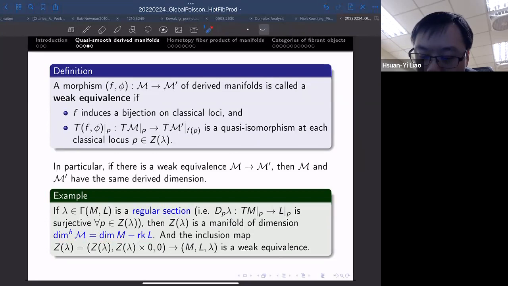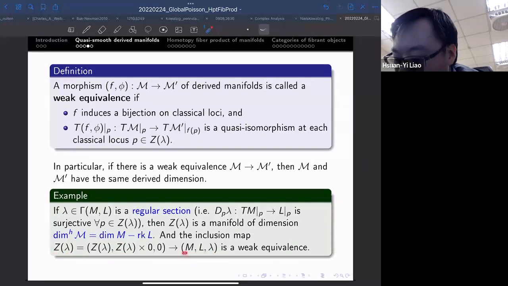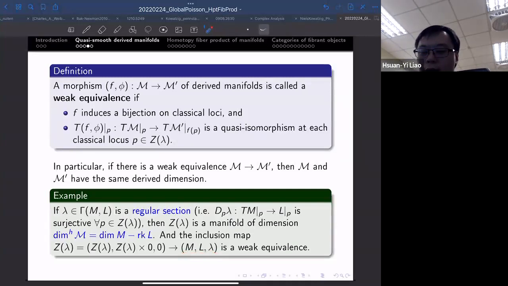Moreover, we can consider a manifold as a quasi-smooth derived manifold just by considering it as a zero rank vector bundle. The natural map from this manifold to the given quasi-smooth derived manifold is a weak equivalence. So in a nice case, it is weakly equivalent to the expected manifold.